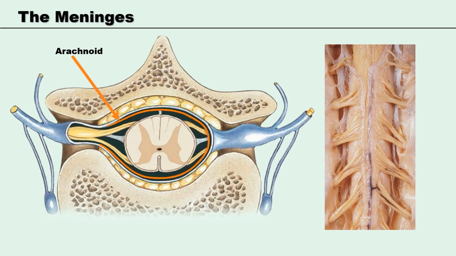Deep to the arachnoid we have the subarachnoid space filled with cerebrospinal fluid. And of course we have the innermost meninge, the pia mater. Extensions of this pia mater are seen here, which help prevent the lateral movement of the spinal cord and are called the denticulate ligaments. Some texts may refer to these as the dentate ligaments.